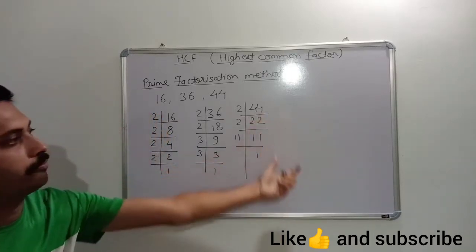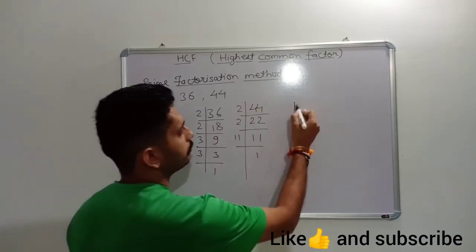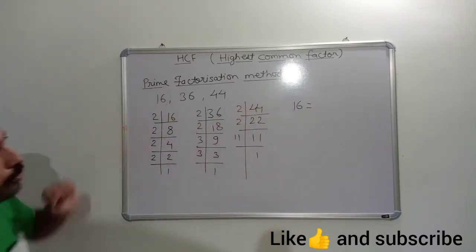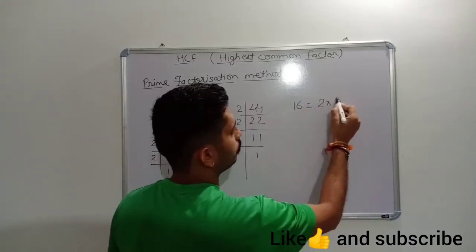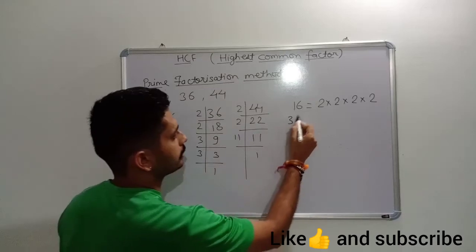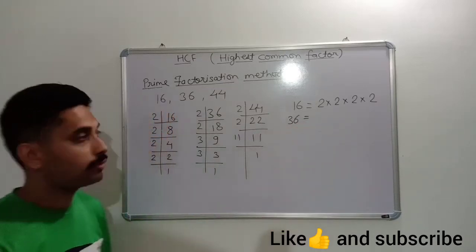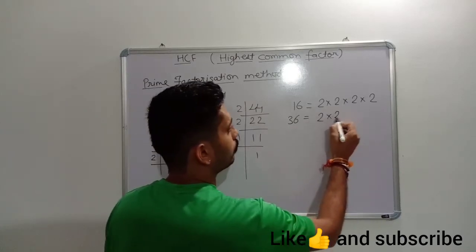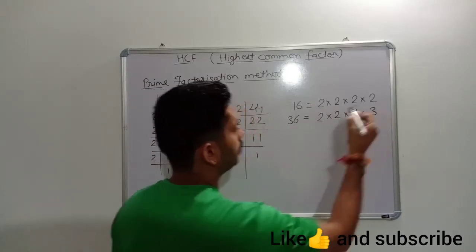Now write down the prime factors of all the three numbers. Prime factors of 16: 2, 2, 2, 2, four times. Prime factors of 36: 2, 2, 3, 3.